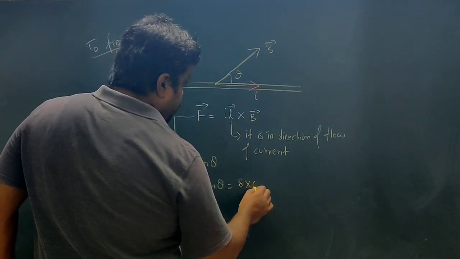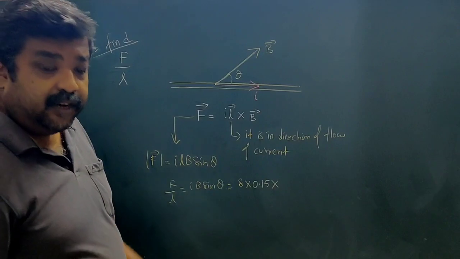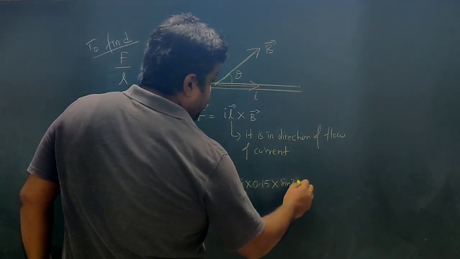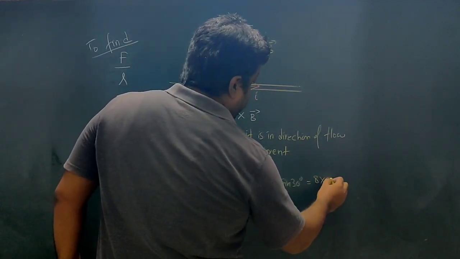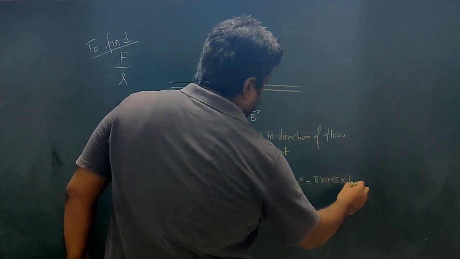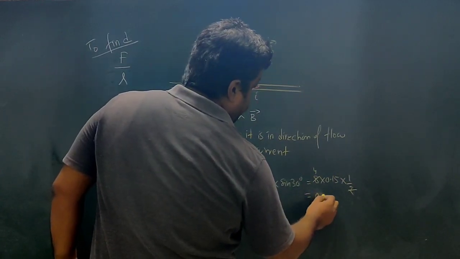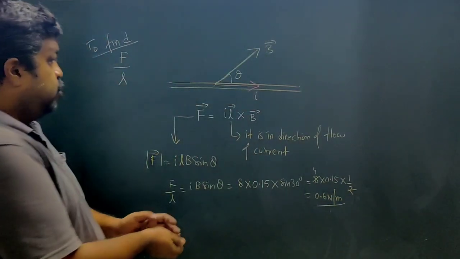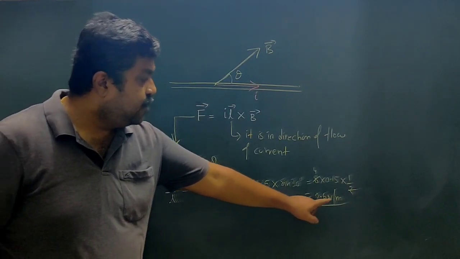So 8 into 0.15 into sin 30 degree, which is 8 into 0.15 into 1 by 2. That is equal to 0.6 Newton per meter. So the force per unit length will be 0.6 Newton per meter.